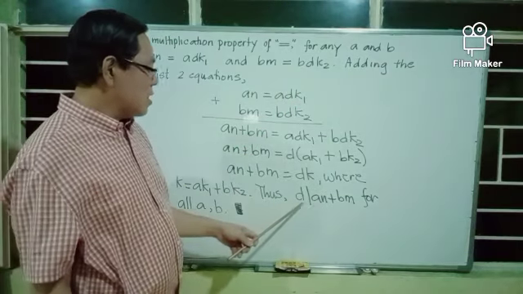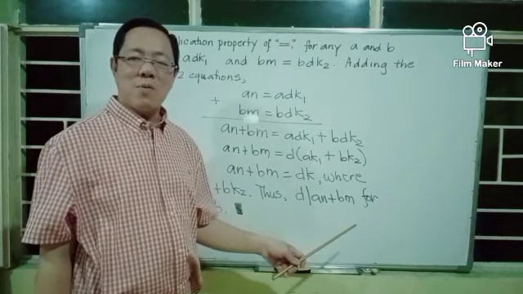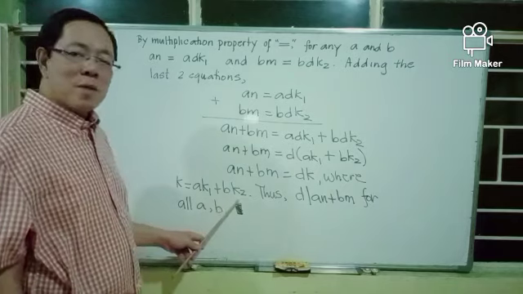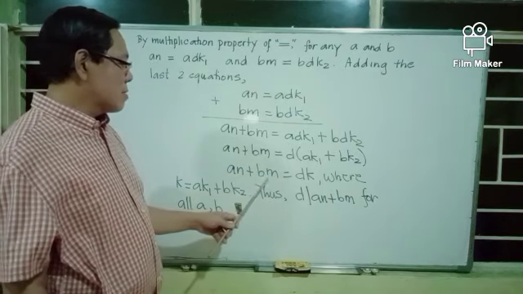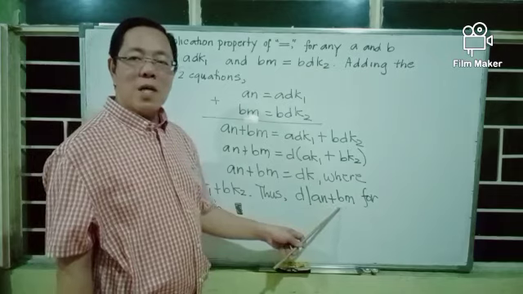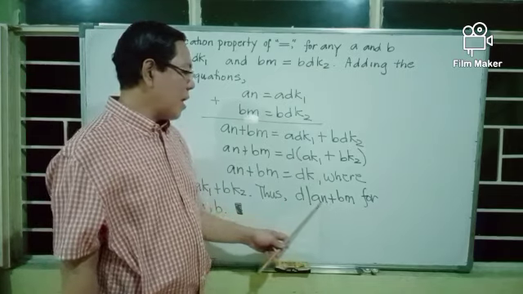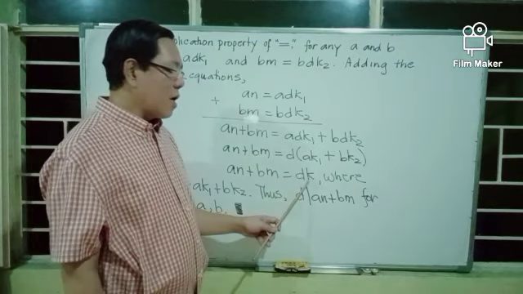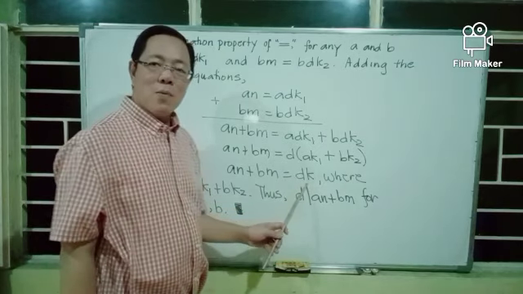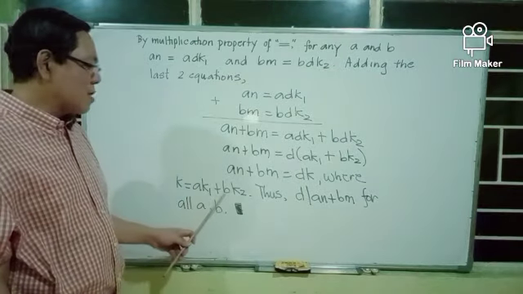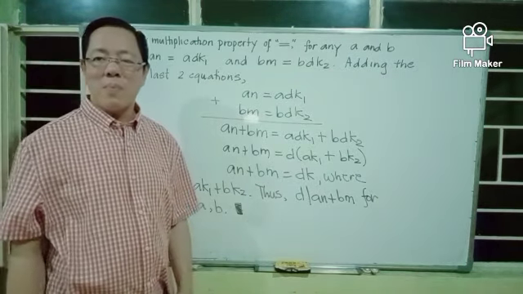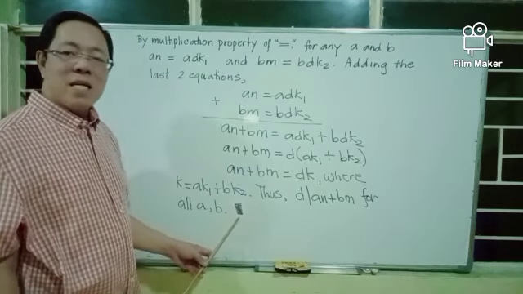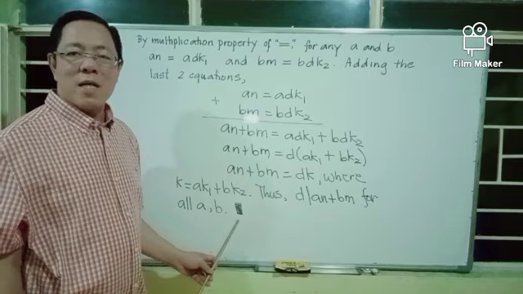And d divides an plus bm because we have shown that there is an integer k such that this linear combination of n and m, an plus bm, is equal to the divisor d times the integer k, which is equal to a k1 plus b k2. And that completes the proof of the linearity property. And we indicate the end of the proof by this shaded rectangle.